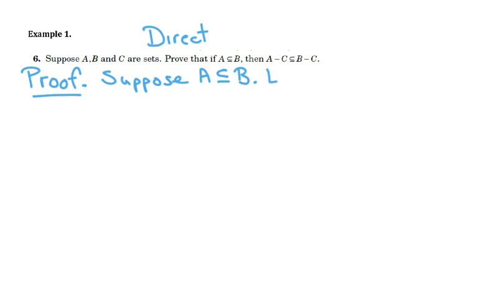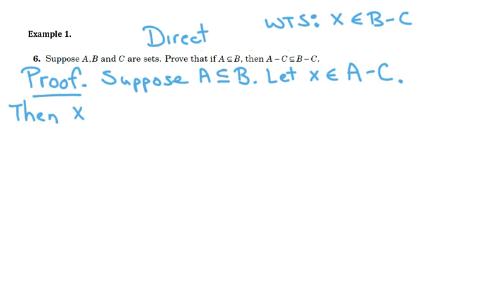I'm going to say, let x be an element of A minus C. And then I'm going to show, this is what I want to show, that x is an element of B take away C. So I just have the definition to work with right now. So I'm going to say what that means.